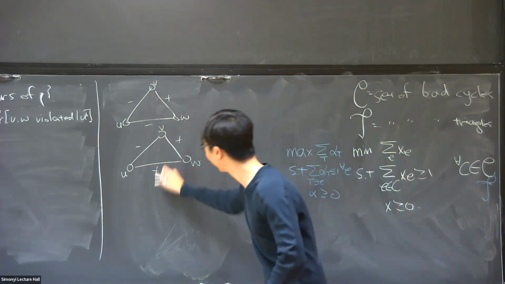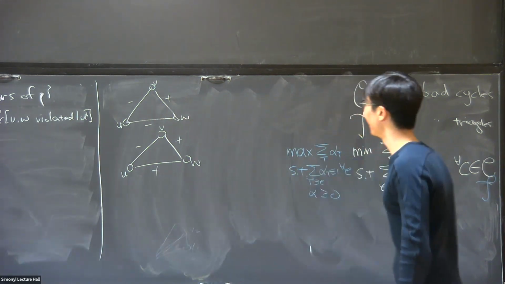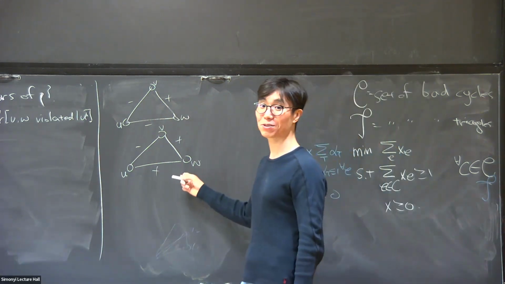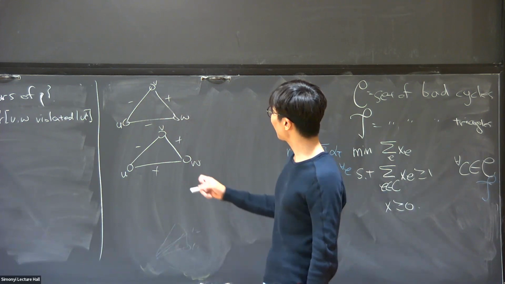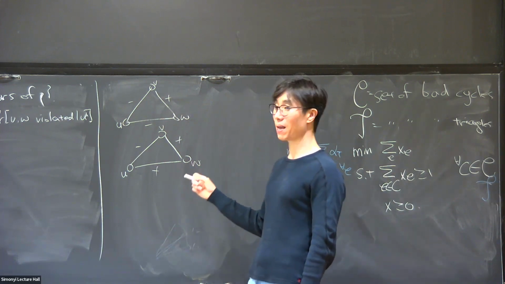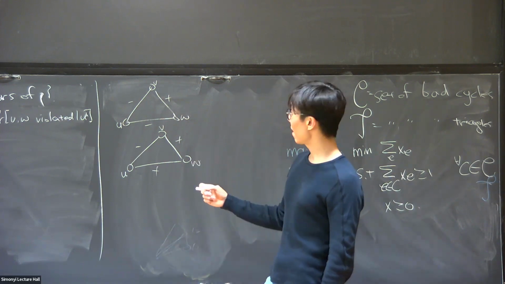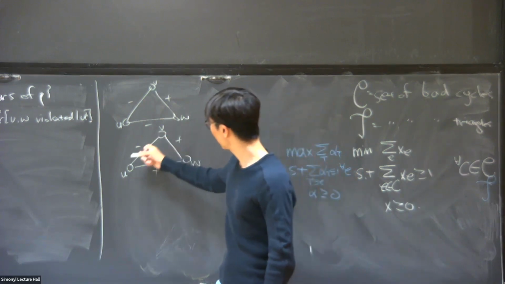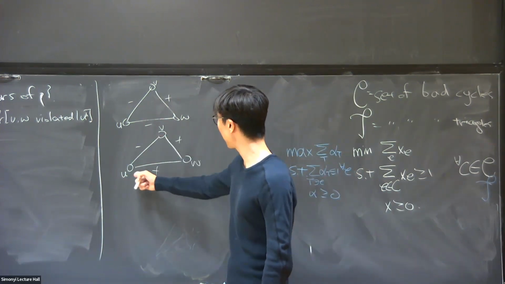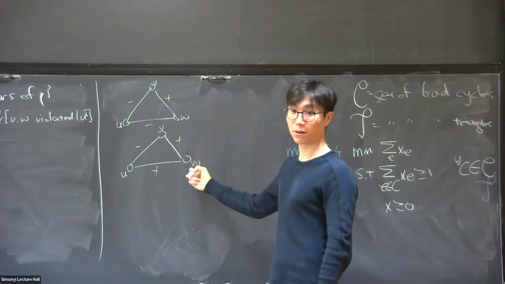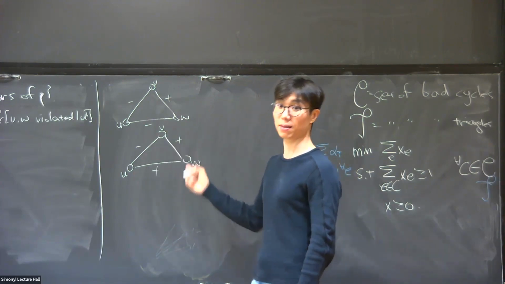Of course, this is a bad triangle, and it's conceivable that if you pick this vertex as a pivot, then an edge is going to be violated, and things like that.